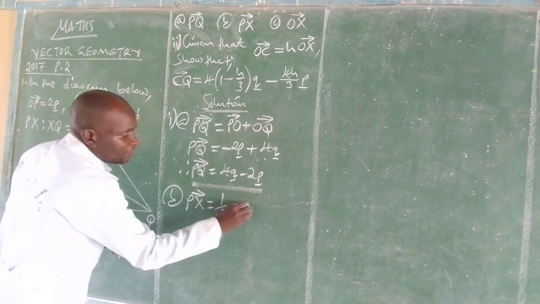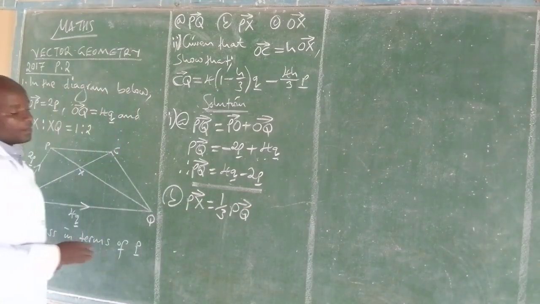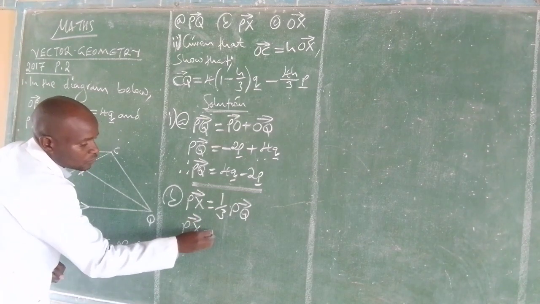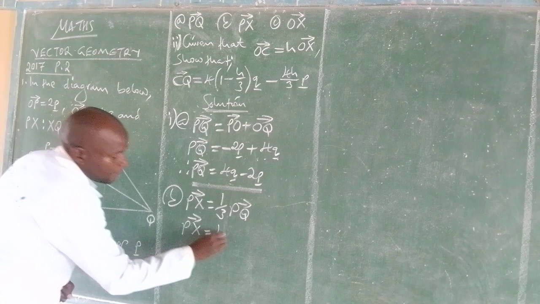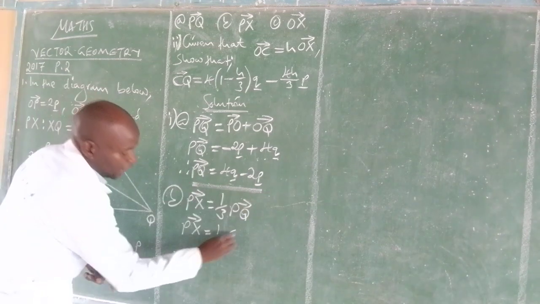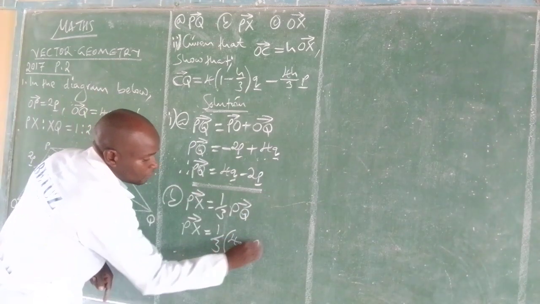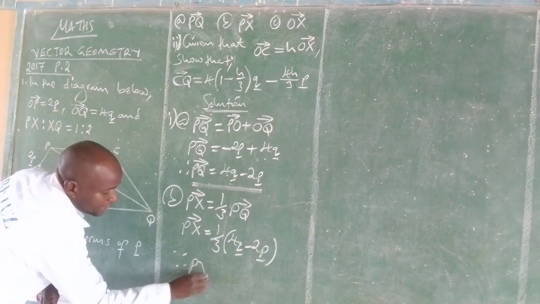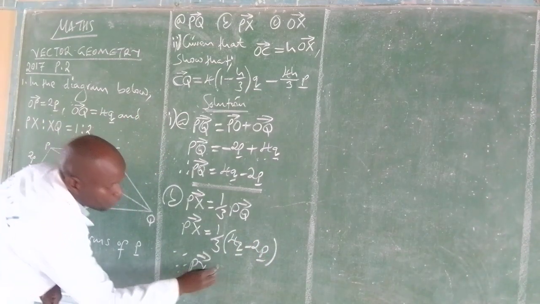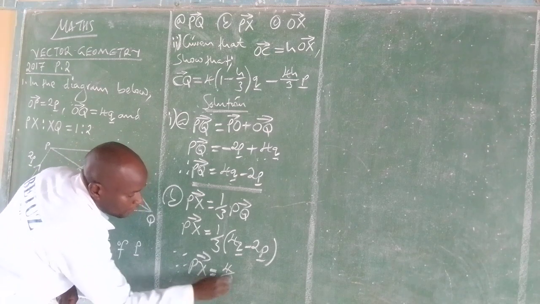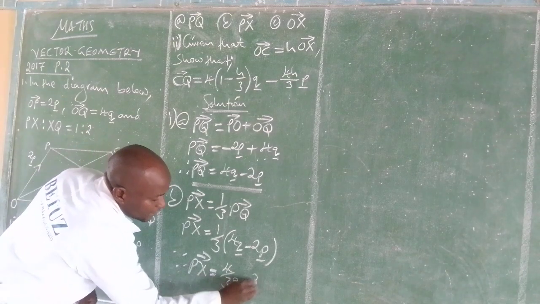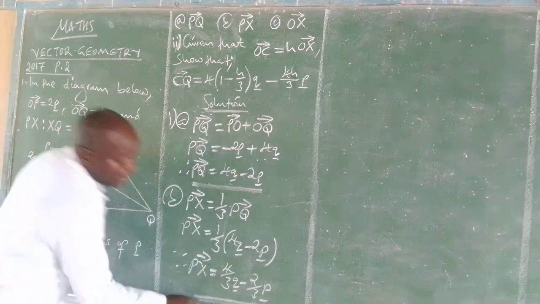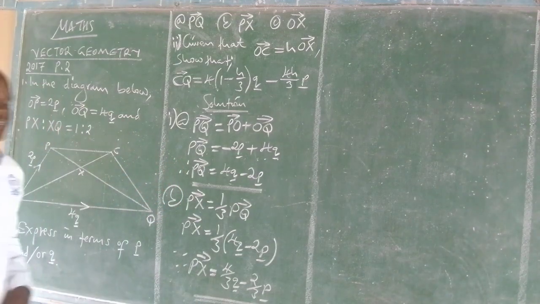So PX is equal to 1 over 3 multiplied by PQ, which is 4 vector Q minus 2 vector P. Therefore, PX is equal to 4 over 3Q minus 2 over 3P. This is our solution for the second question.